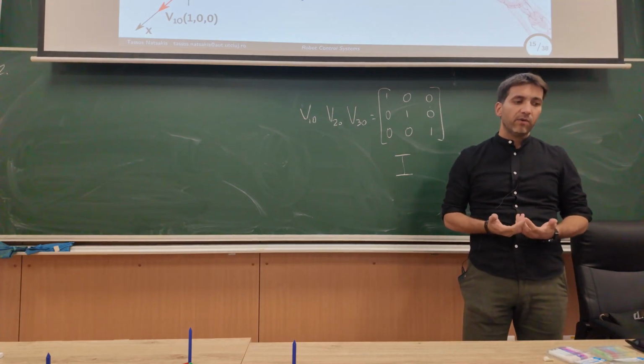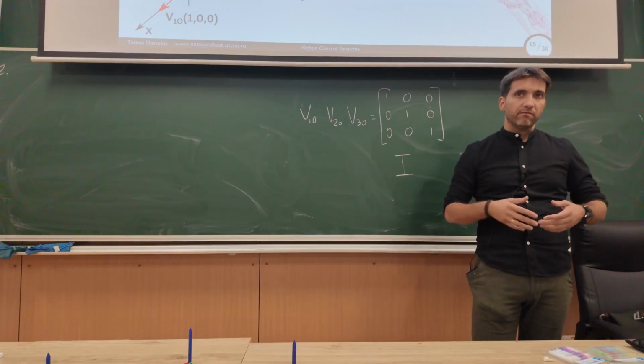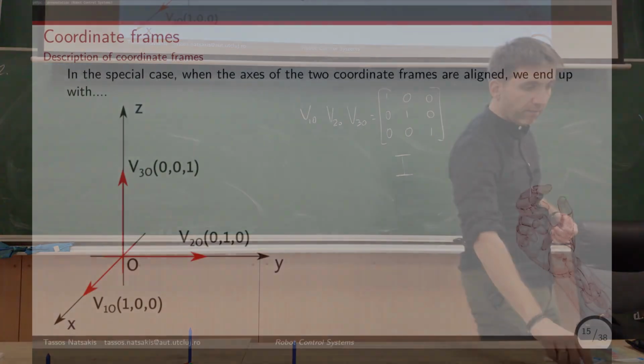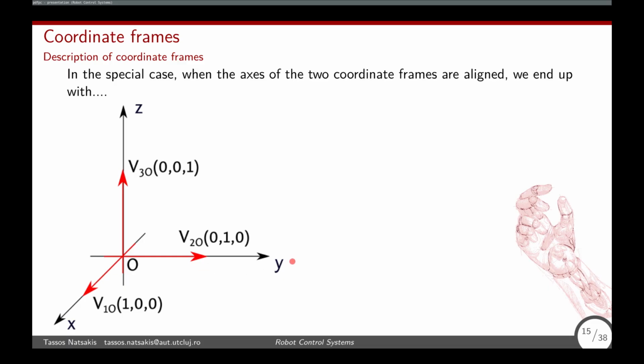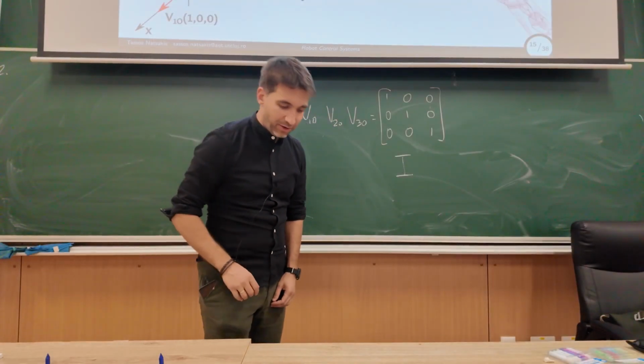So basically, what does this tell me? If I have a coordinate frame, a reference frame, the black one, and I have another frame that happens to be identical to this frame, so I basically have this frame, and then I put another frame right with it.